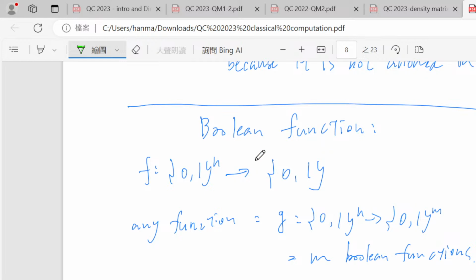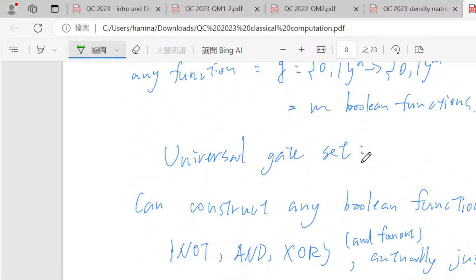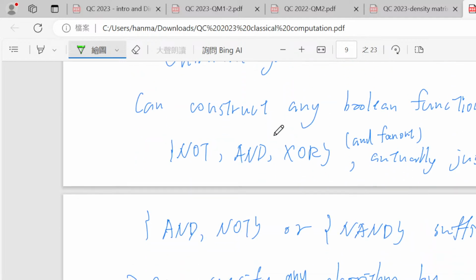So in some sense, if you know Boolean functions, then you can construct any discrete function from them.